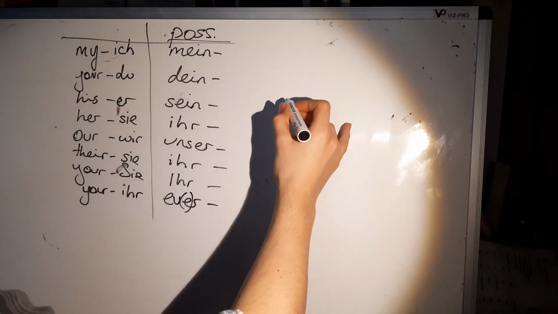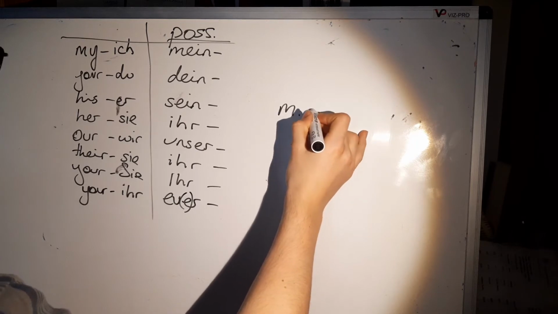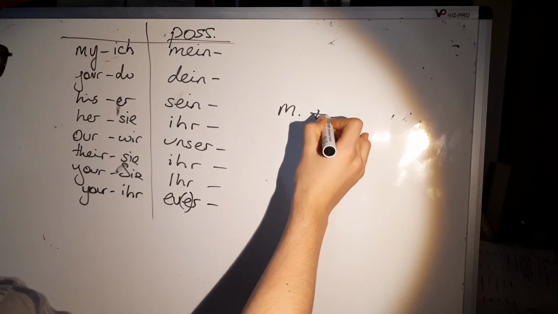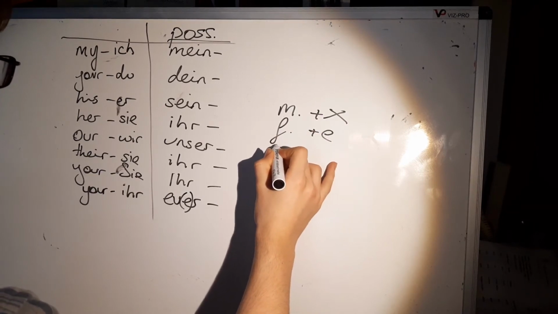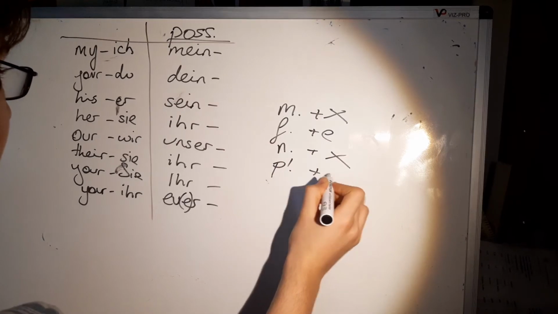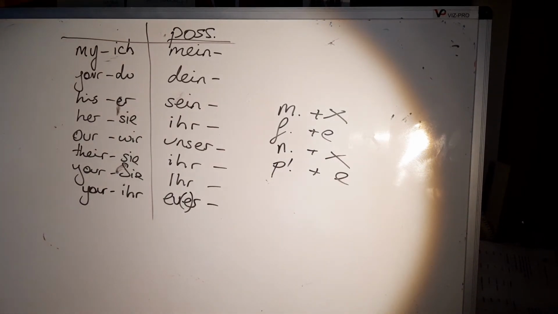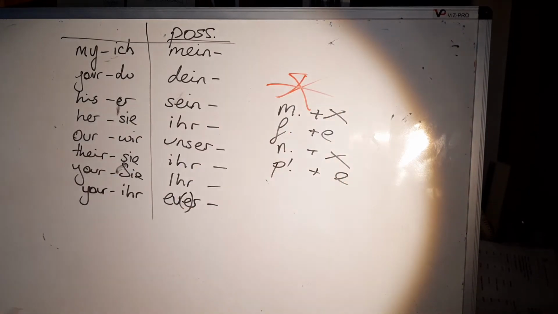Now, for the actual relation to the genders. For masculine, you add nothing. For the feminine, you add e. For the neuter, you add nothing. And for the plural, you add e. Now, I will be having to tell you at some point why I'm going to draw a massive, big, fat asterisk by that.